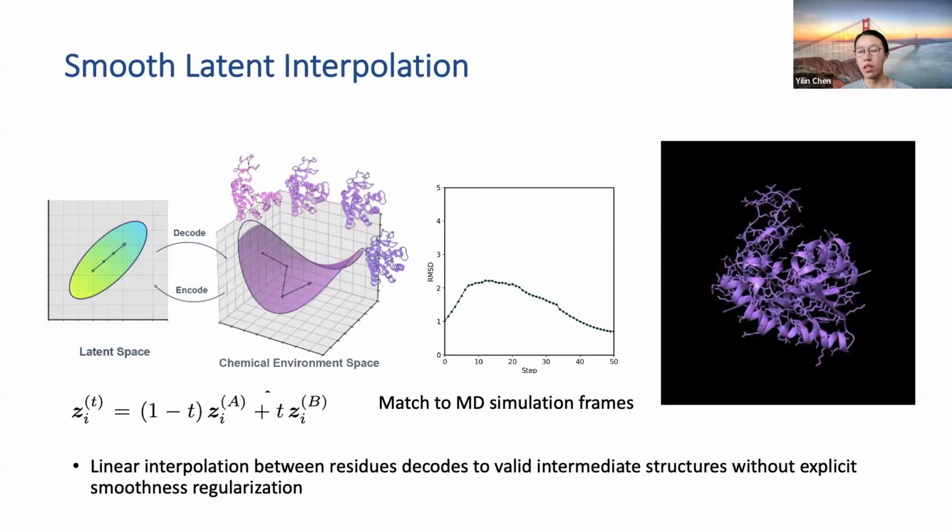We designed this latent to be smooth with all these losses and input design, and hoped that it would be smooth across these atomic environments, and it behaves like what we expected.